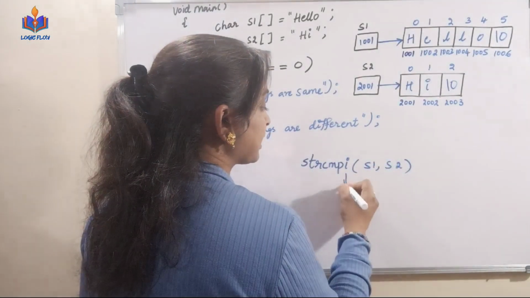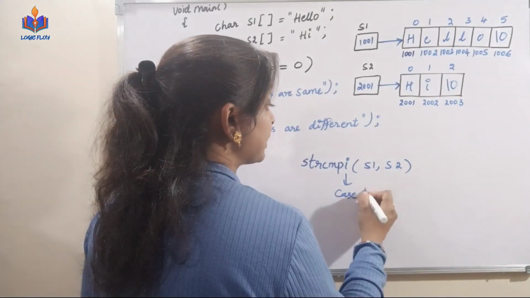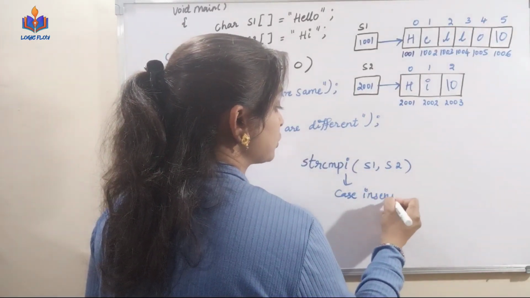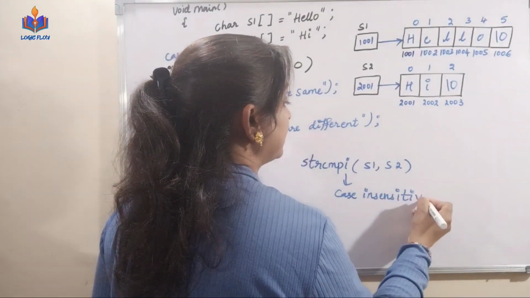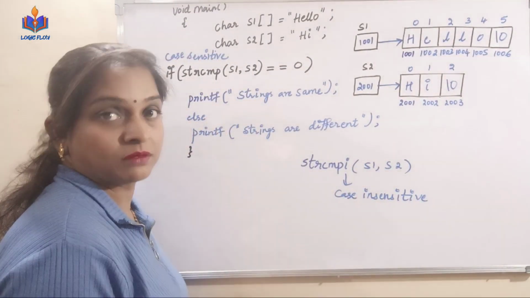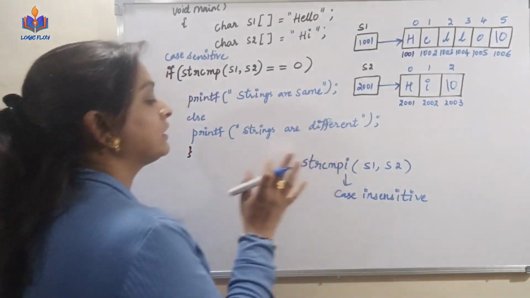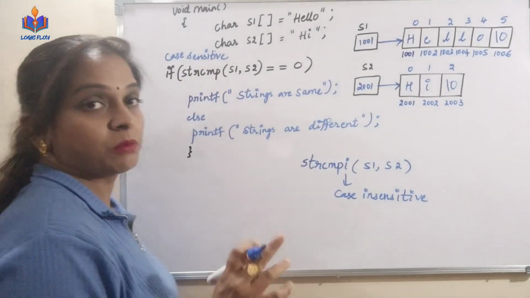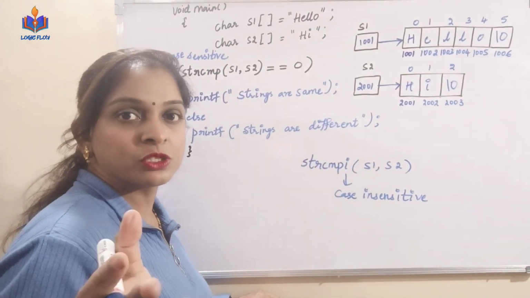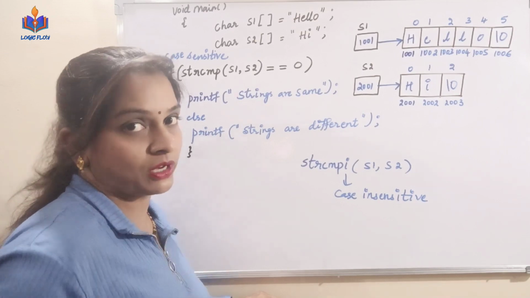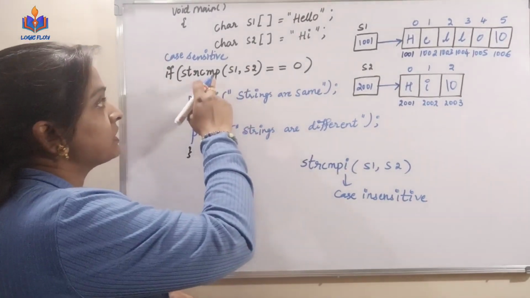It is case insensitive. It is not going to bother about the cases of the string. It may be in uppercase or lowercase. So it is case insensitive, but it's better to use strcmp because it's good practice to take care of uppercase and lowercase.